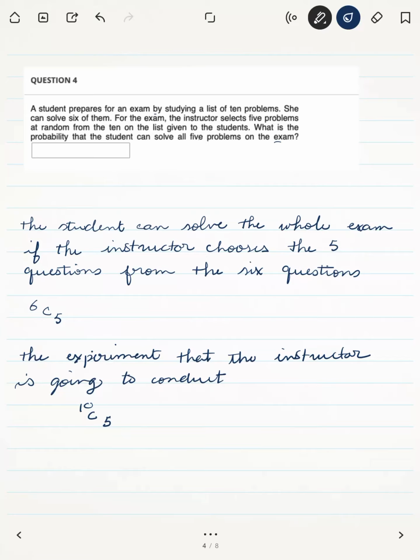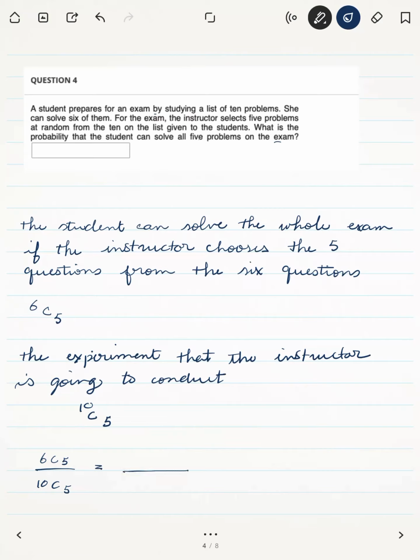So the probability that the student is going to solve the exam correctly is going to be 6C5 divided by 10C5. Why did we use this ratio?